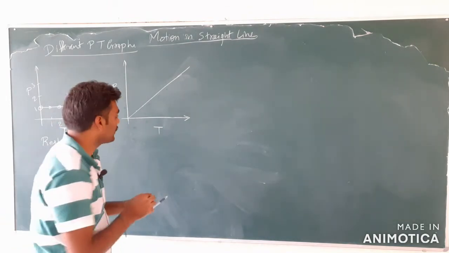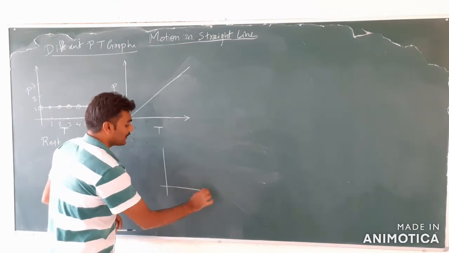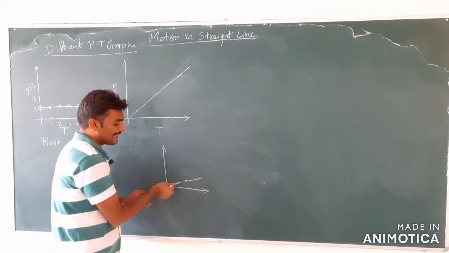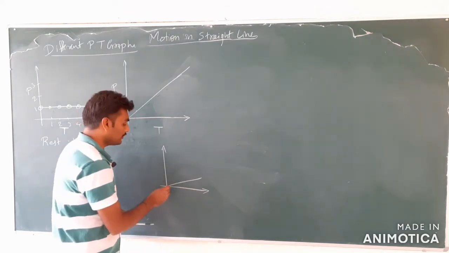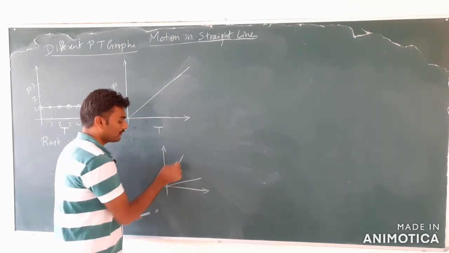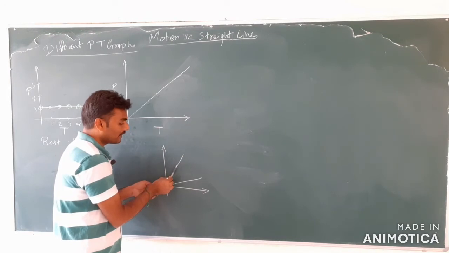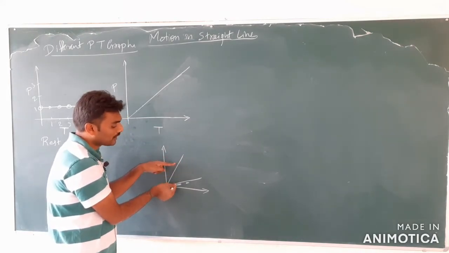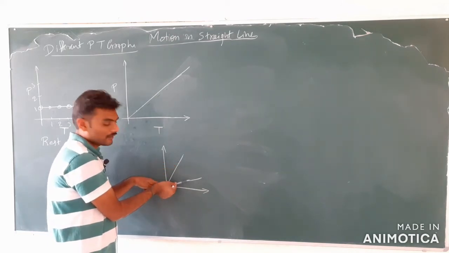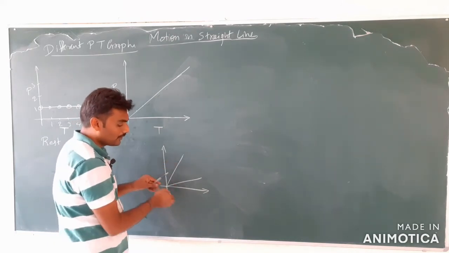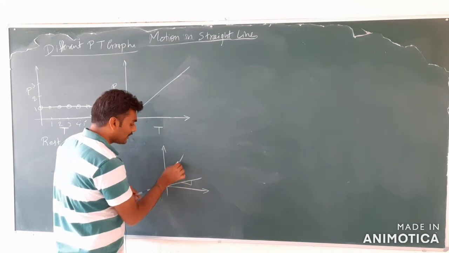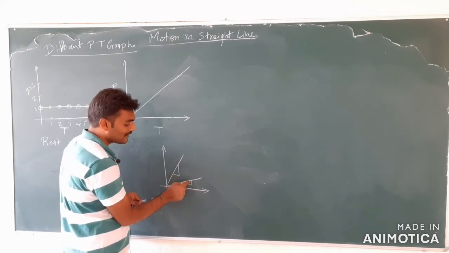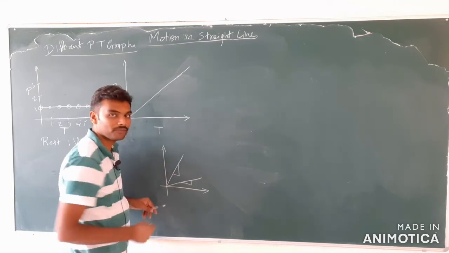Say when I have a graph like this, we can say this has certain slope. Now if I have one more graph like this, I can say the second graph has more slope compared to this. You can calculate it. You just construct a right angle triangle and put delta y by delta x. You will get to know that this has less slope compared to this.